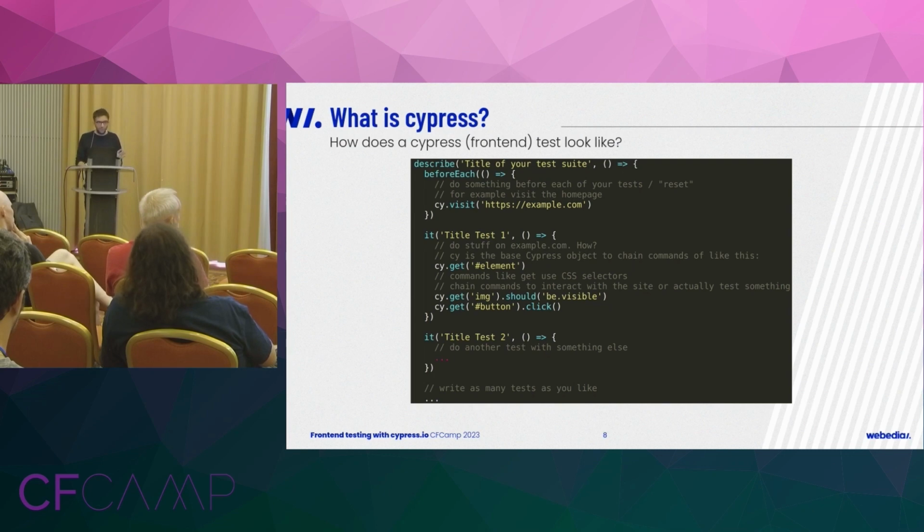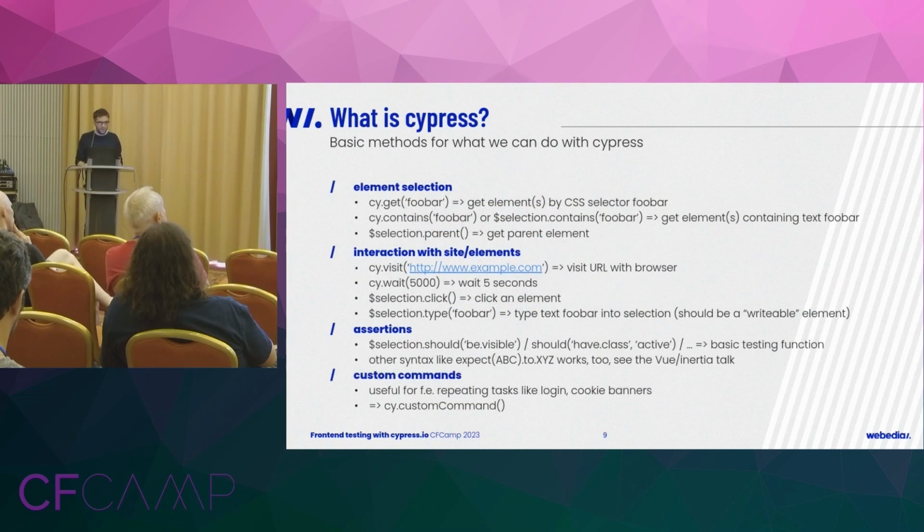You will see a bit more of it later in the demo, so let's go to the next slide. There are some basic functions that Cypress provides for you, and these all fall under different categories. One category is element selection. With Cypress, there are methods that you can use to select elements on a web page. get is the most basic one. You can get an element or elements with some CSS selector you specify.